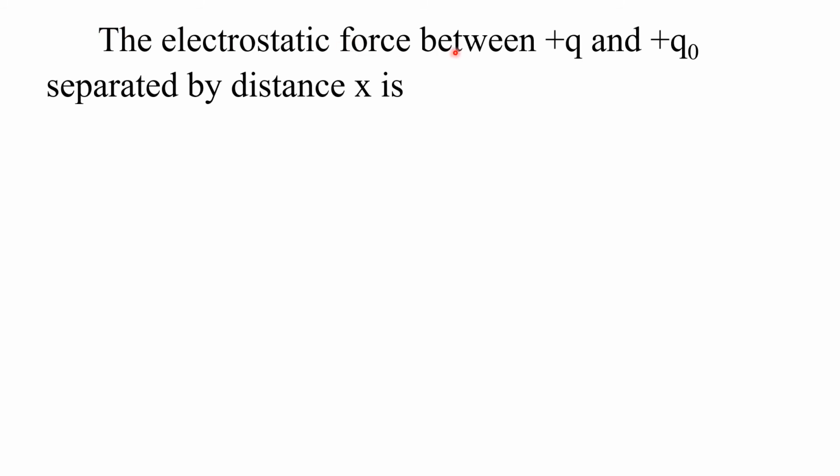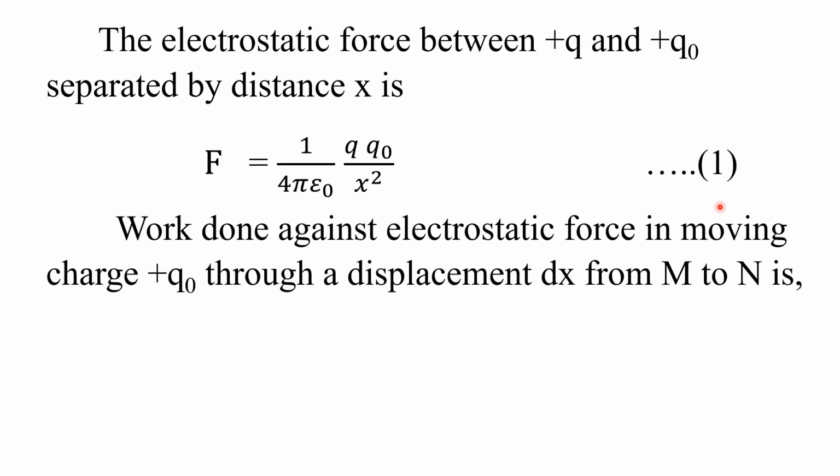The electrostatic force between plus Q and plus q0, separated by distance x, is given by F is equal to 1 upon 4 pi epsilon 0 into Q q0 upon x square. This is equation number 1.